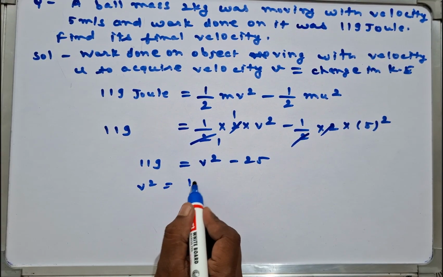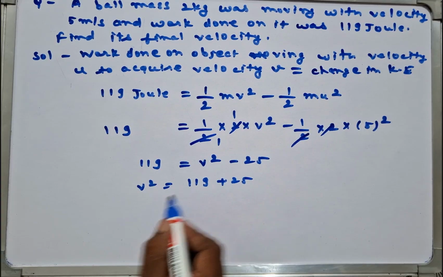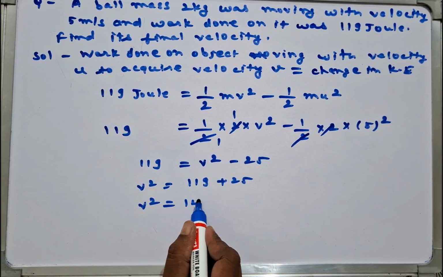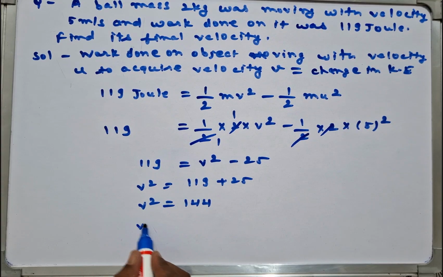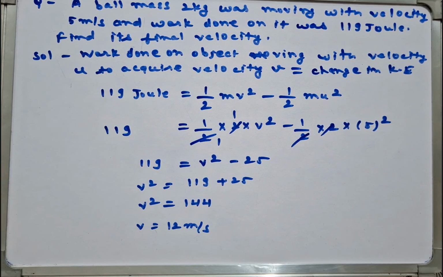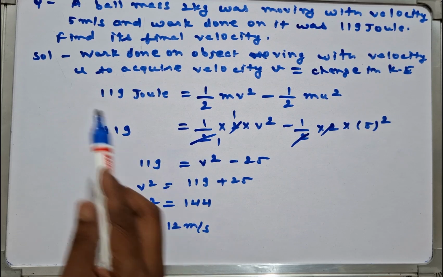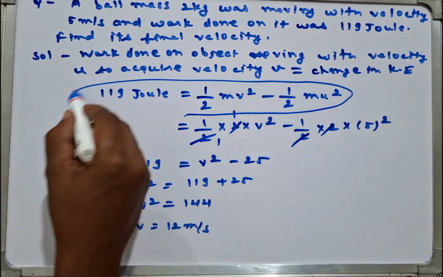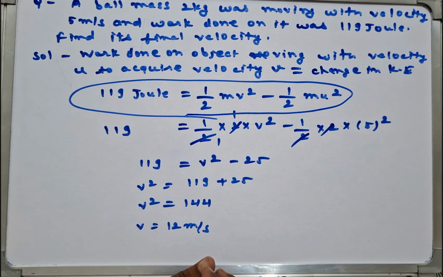So v square equals 119 plus 25, v square equals 144. So v equals 12 meter per second. So you can utilize this formula for finding the final velocity of an object when the question is like this one. Okay, now next we will see the potential energy.